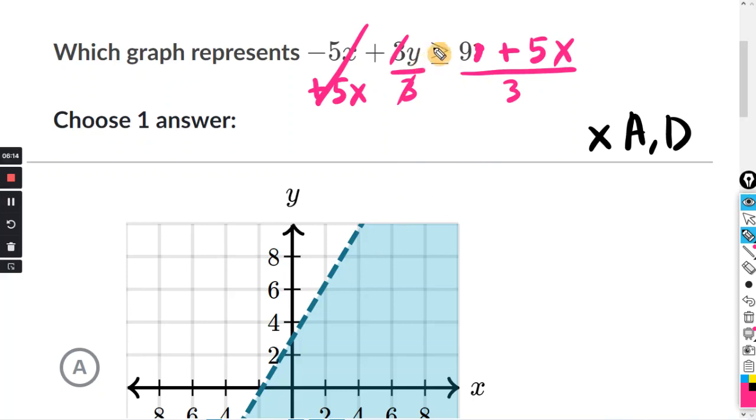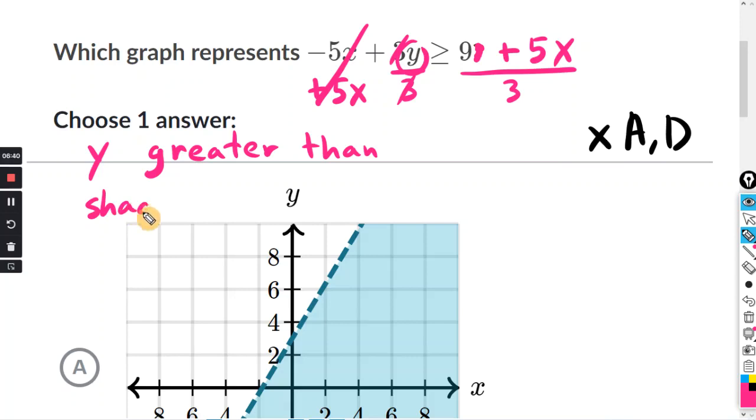But it's y is greater than or equal to. Remember, the inequality points to the less than side. So y is greater than or equal to. So we want everything greater than y, so it has to shade over or above the line.